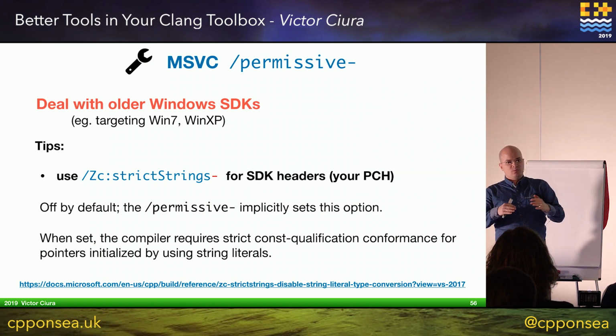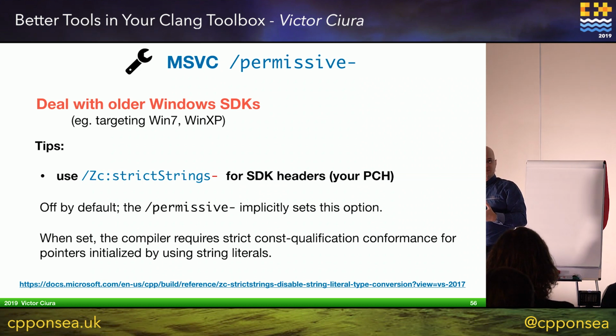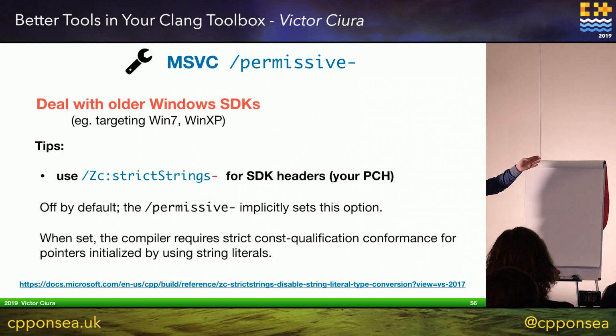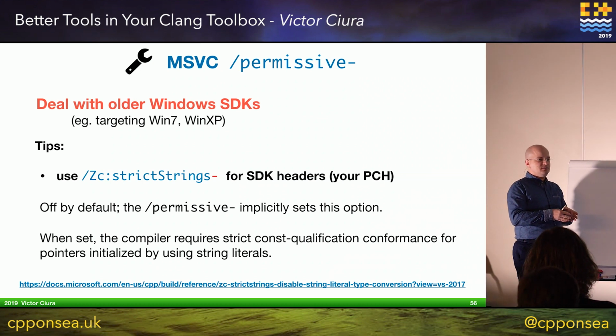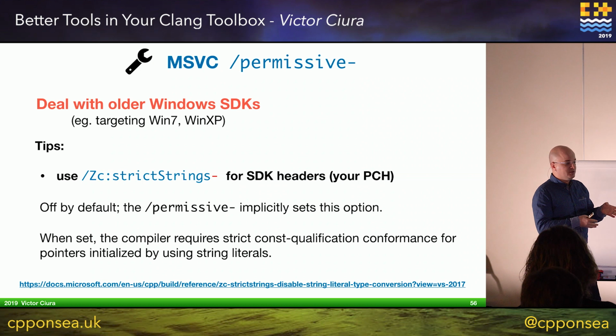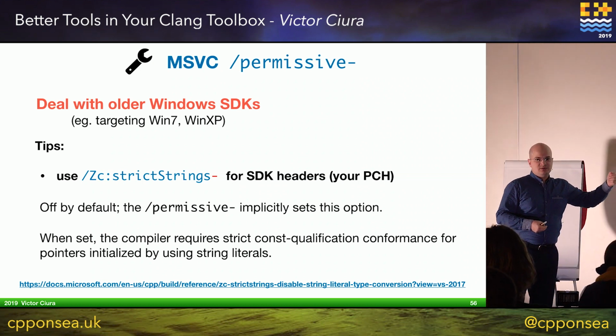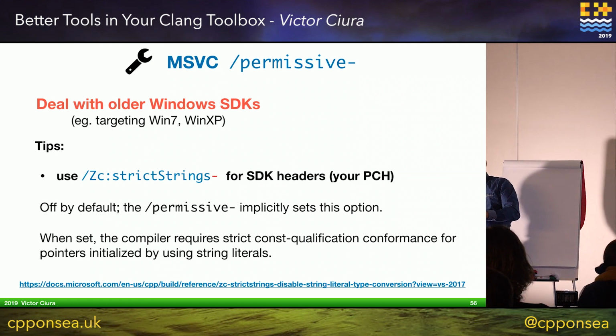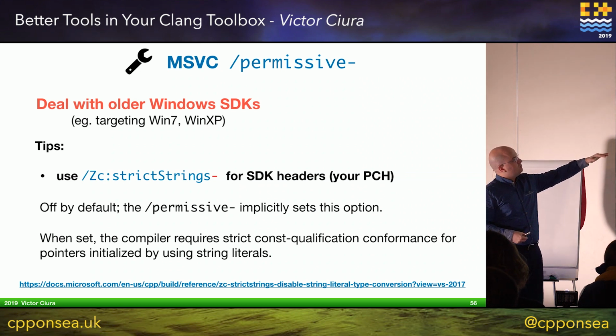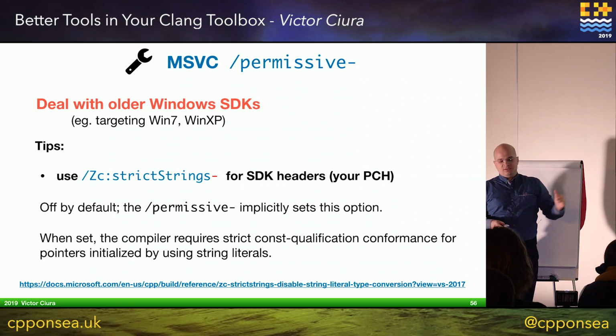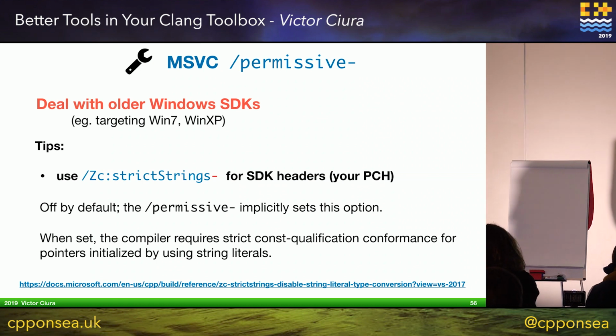If the situation is more localized, then it's a happier case. Then you can disable strict strings for that specific translation unit or compilation unit. Luckily, the Visual Studio compiler in the project allows you to specify these switches at source file level. So if you need to go down to source file level, you can actually disable this warning at a specific offending file.